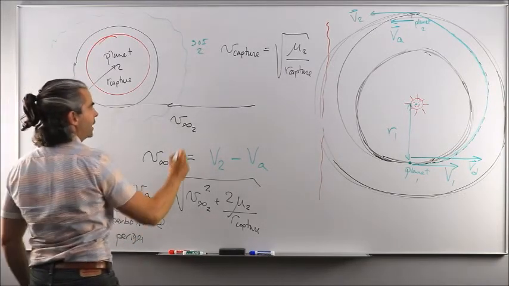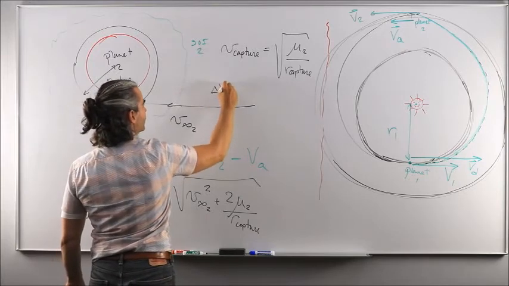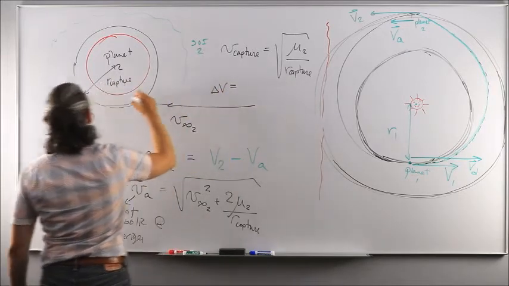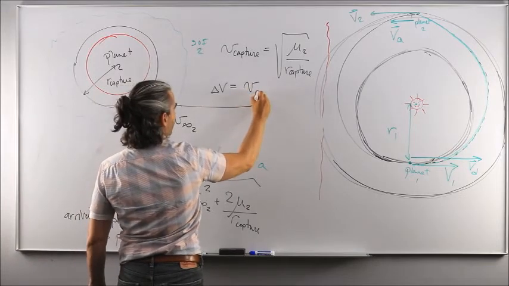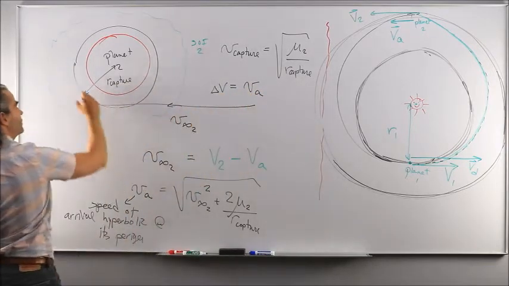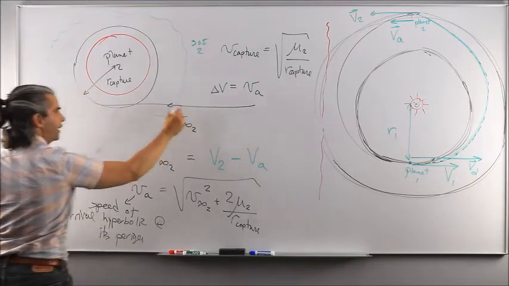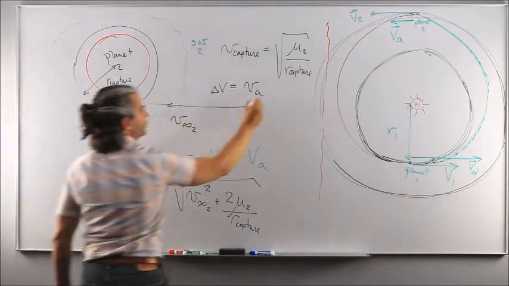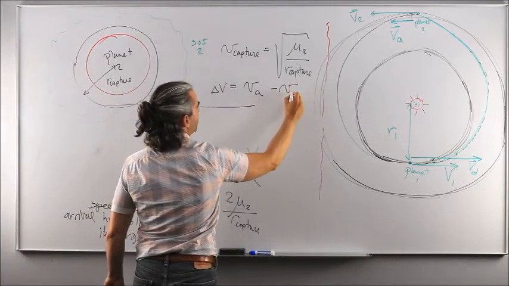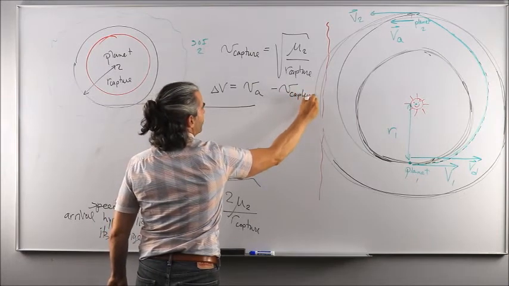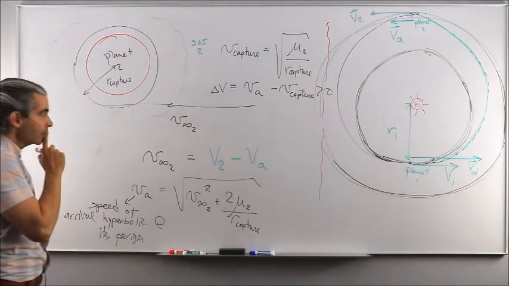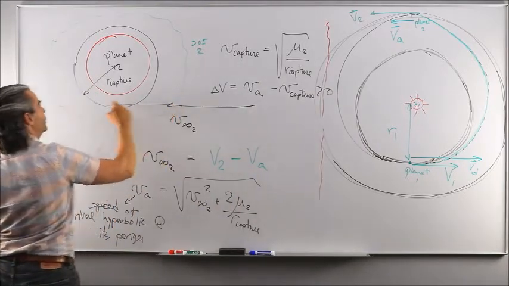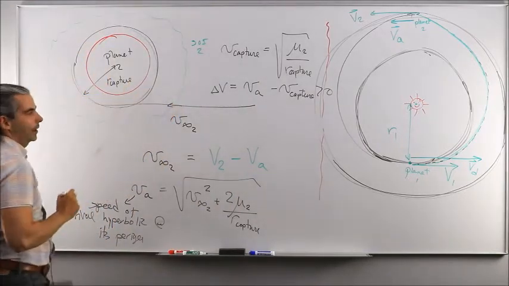So that would give you then the delta V needed to slow you down from v_a, which is a high speed because you are coasting along a high energy orbit, down to a bounded low energy capture orbit, and that would give you something positive. So that is the delta V needed to remain on orbit around planet 2.